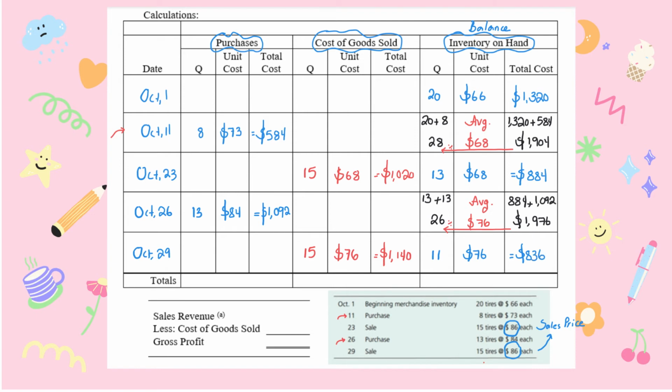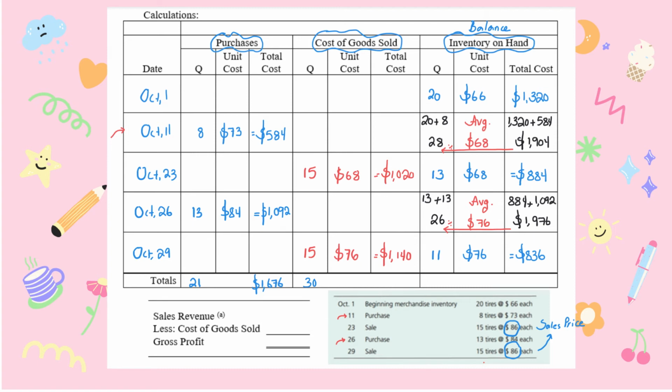Now let's find the totals. For the purchases, we had 21 units in total. 584 plus 1092, it's gonna be 1676. Now for the cost of goods sold, we had 30 units sold.